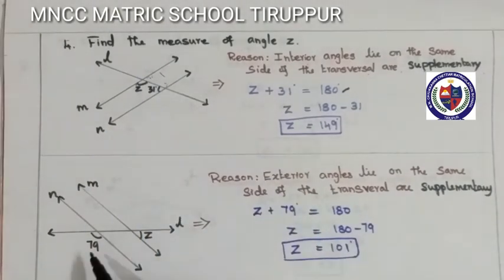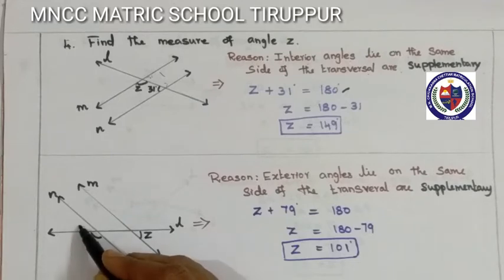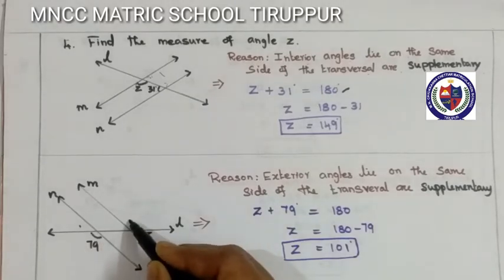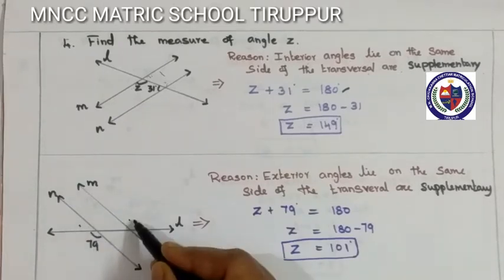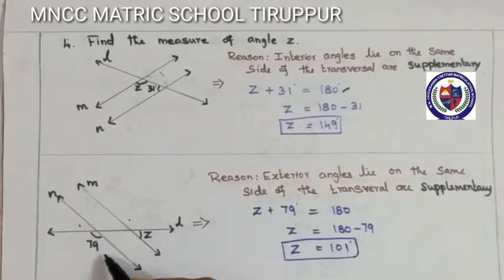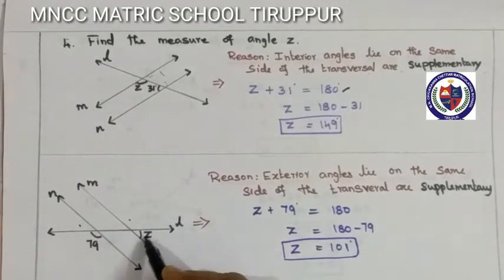Next one, 79 and this angle is Z. The four angles 1, 2, 3, 4 are exterior angles. These two angles are exterior angles lying on the same side of the transversal.